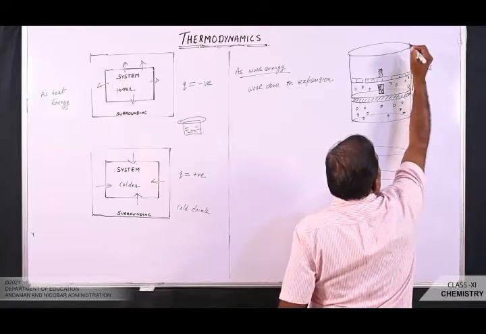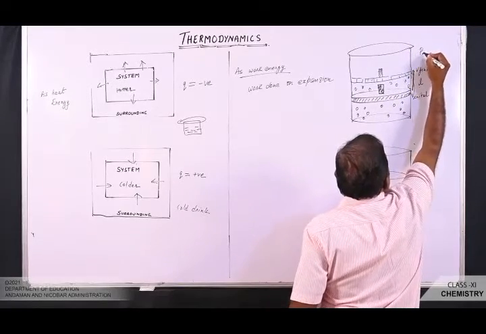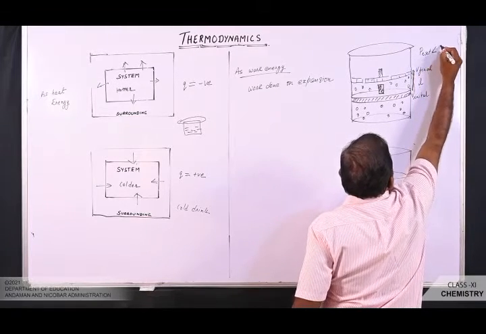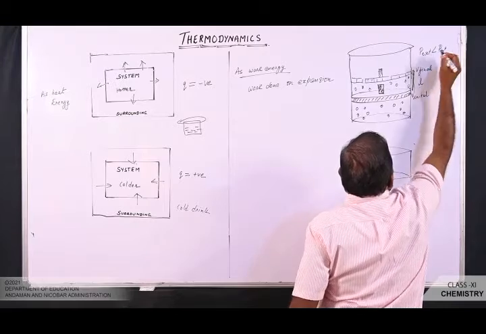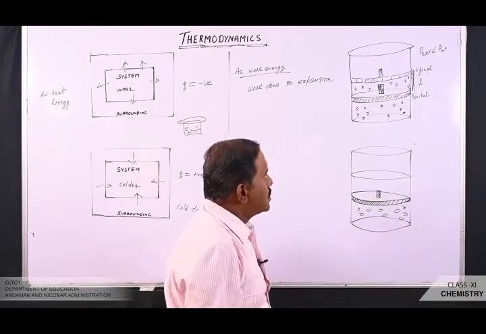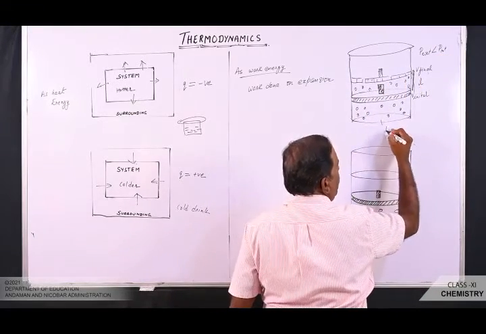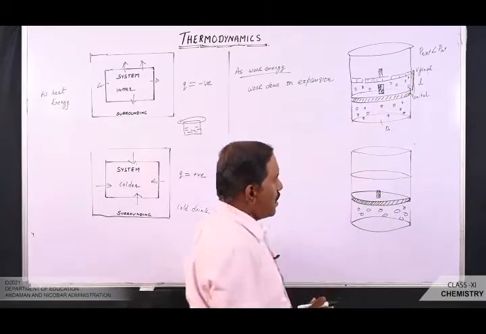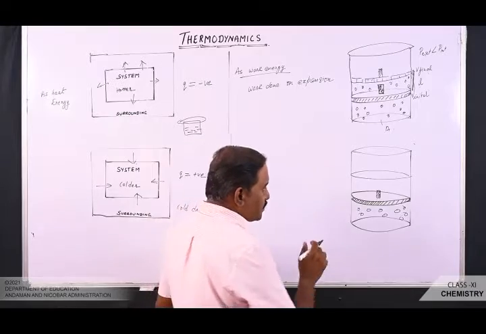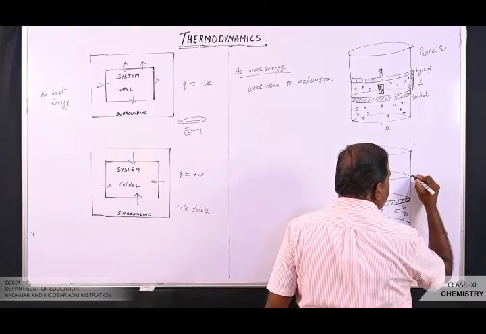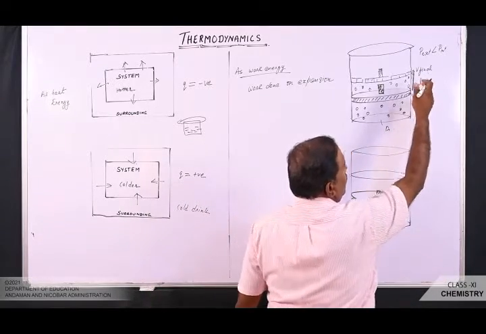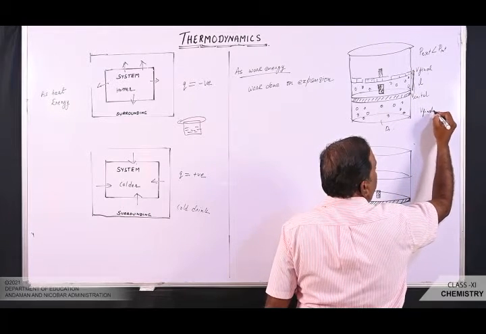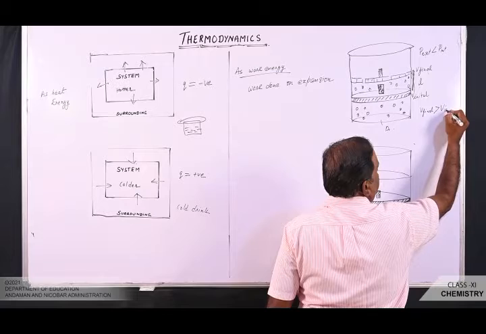Provided P external is less than P internal, only then will this move up. This is the area of cross section. Here expansion of the gas takes place, so V final is greater than V initial.